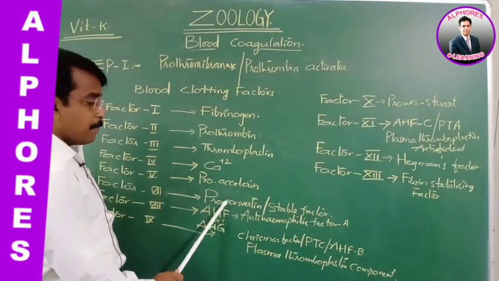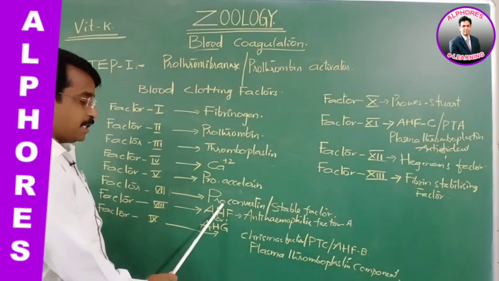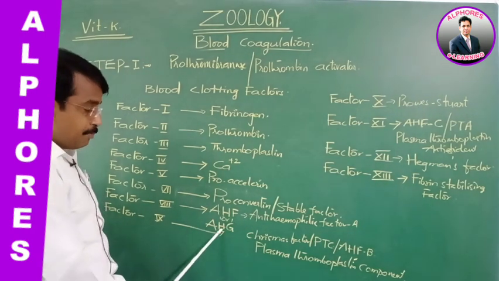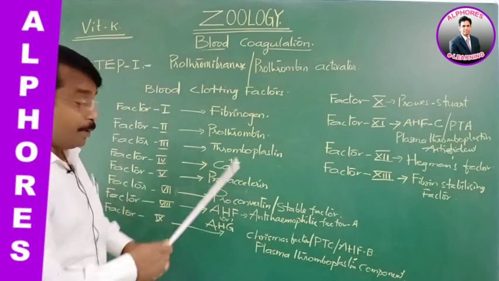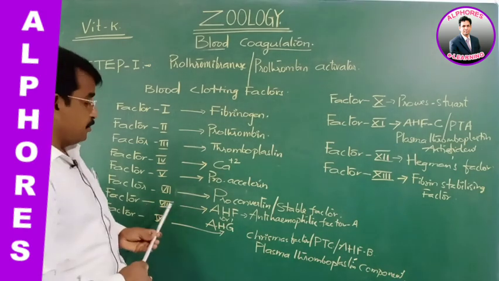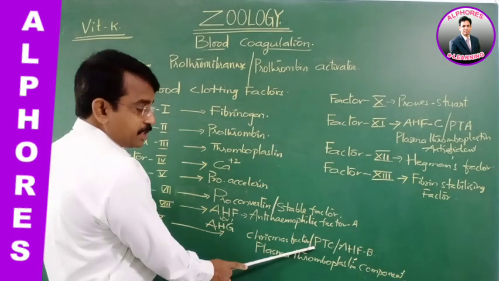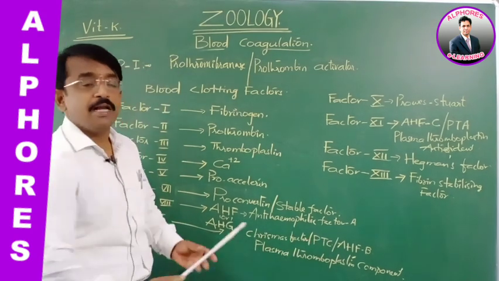Factor 7th, proconvertin or stable factor. And the factor 8th, anti-hemophilic factor A, anti-hemophilic globulin is also what we consider the 8th one. Whereas the 9th is Christmas factor, plasma thromboplastin component.